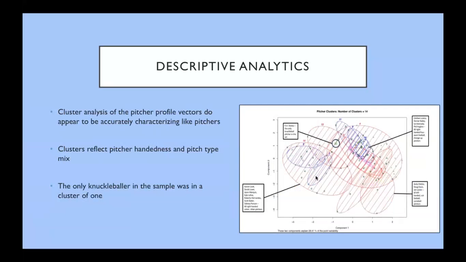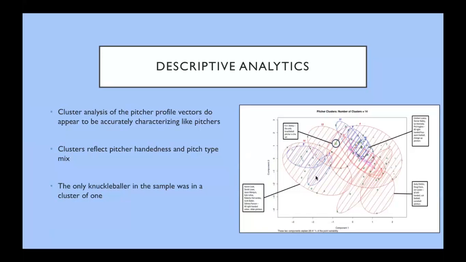As I mentioned before, the k-means clustering is being used really to see whether or not the profile vectors are going to do a good job of characterizing pitchers by type, and that's what I am seeing in the initial tests with the clustering. As we look at this chart, in the upper right-hand corner is a cluster of pitchers that are all right-handed, four-seam fastball, changeup pitchers.